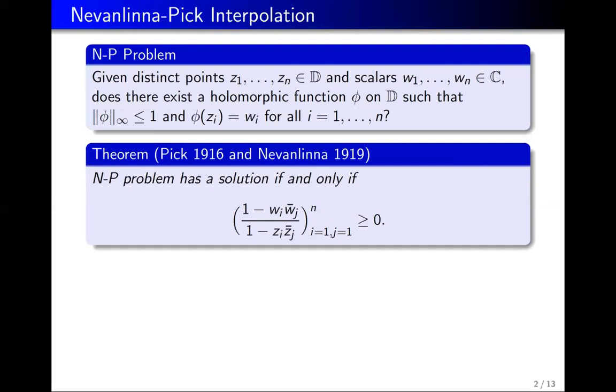So this n cross n matrix has to be positive semi-definite. That's the necessary and sufficient condition to have such an interpolant. So that's a remarkable theorem in the sense that it turns this function theoretic problem into a problem of linear algebra. Because after all, it asks you to check whether this n cross n matrix is positive semi-definite or not.